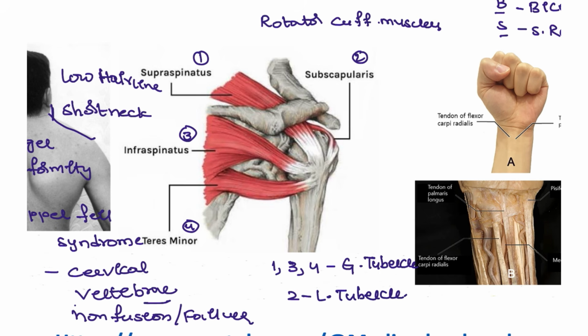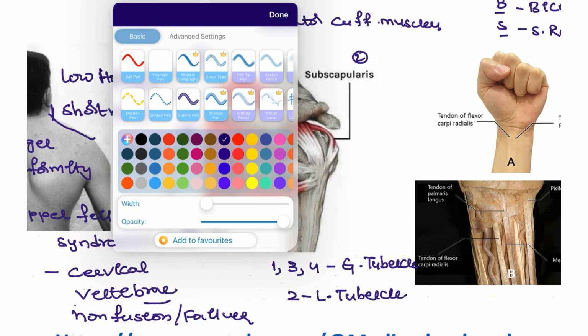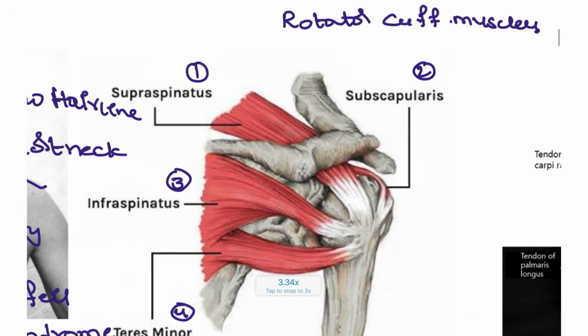Okay, and what is the nerve supply? So for these muscles, supraspinatus is supplied by the suprascapular nerve, and the same for infraspinatus; this is also supplied by the suprascapular nerve.